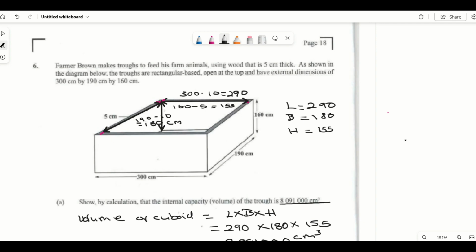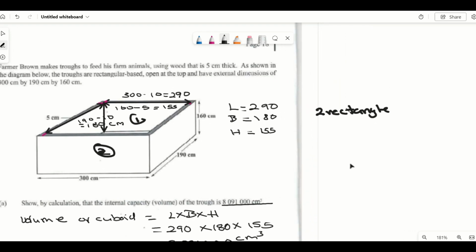We have this one here, 1, and the next one here, 2. This is the internal, the blue, the one you see. So we have two rectangles that have a length of 290 and a height of 155.